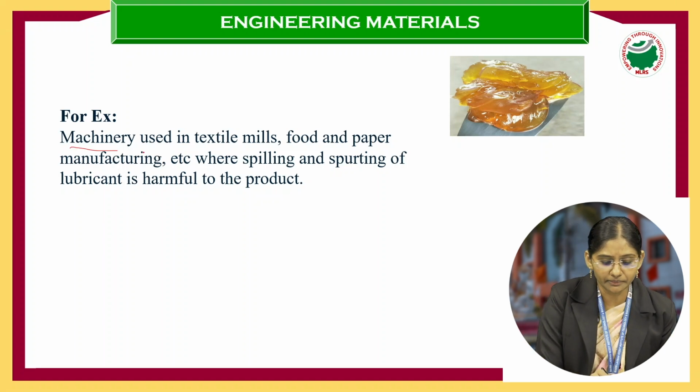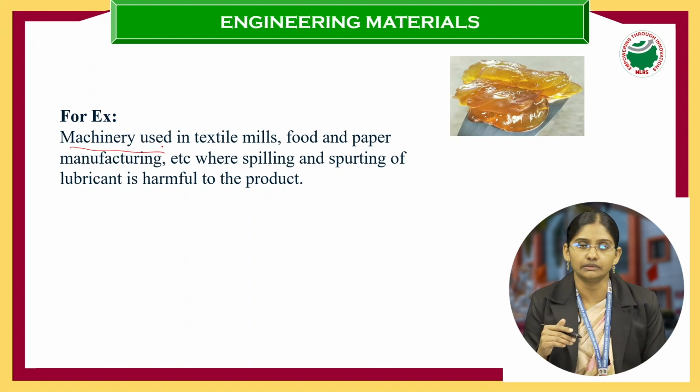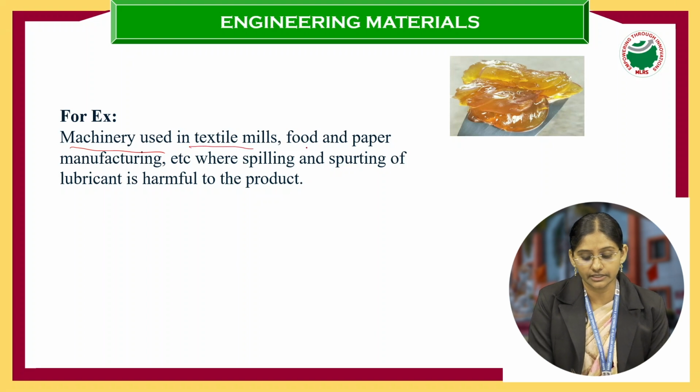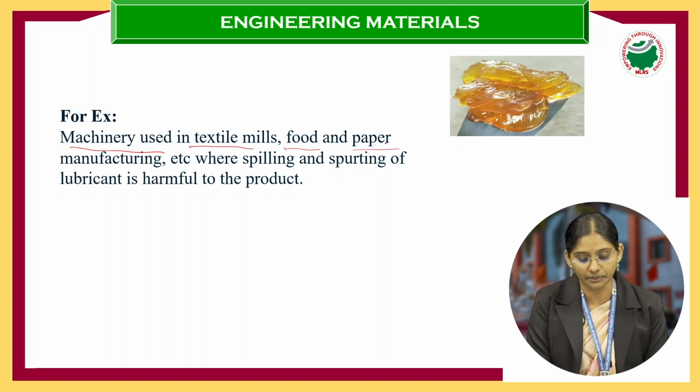A few kinds of machines are the machinery used in the textile industry, food industry, and paper industry. In these kinds of machines, we cannot prefer the liquid lubricants. Why?